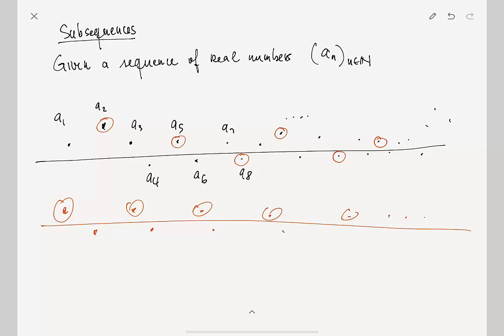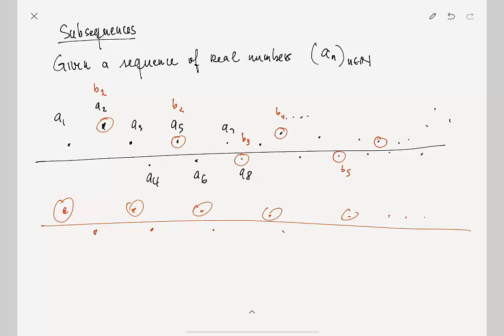To write a definition of this idea, consider that we are given a sequence a_n in which we perhaps delete certain terms and then renumber the remaining terms to get a new sequence, let's say b_n. So once I select some terms, I can relabel them: this is b1, and this now becomes b2 because it's the second selection. The third selection is b3, then this is b4, this is b5, and so on.